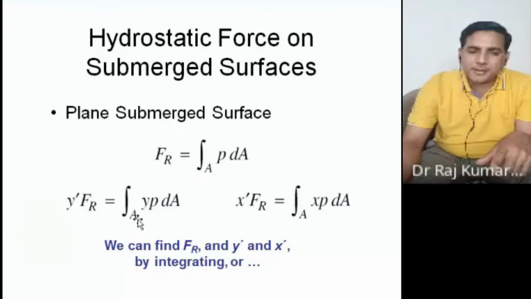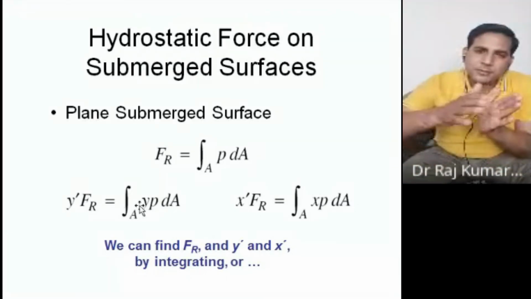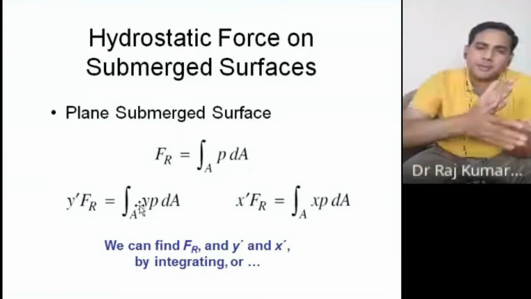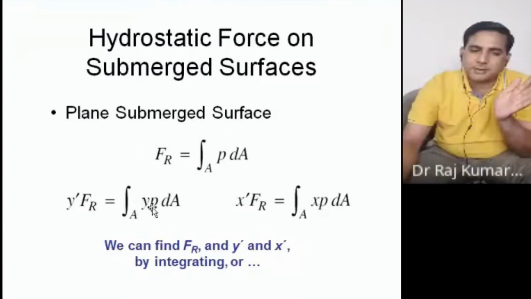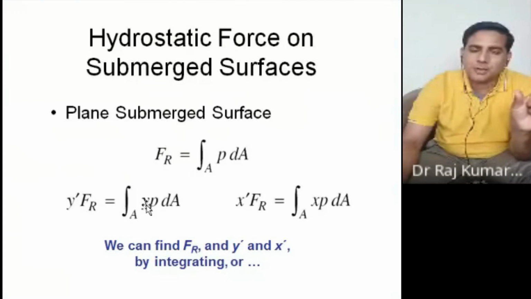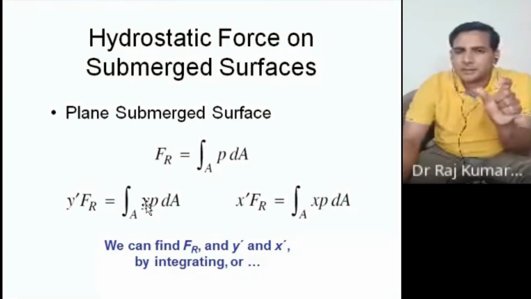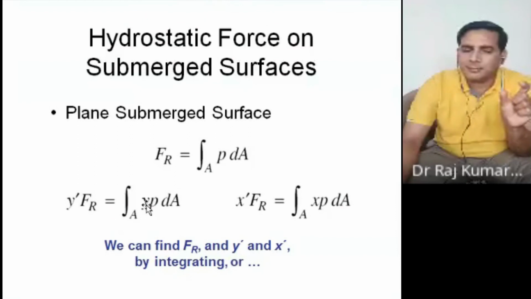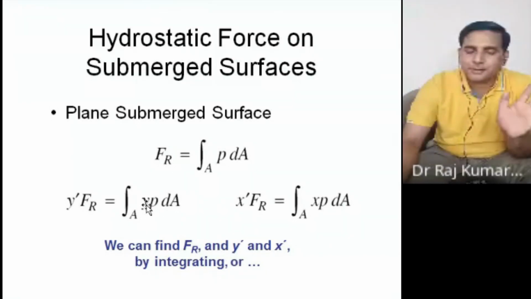It is being integrated for all individual forces provided on that particular plate. So P is the pressure at the point where those forces would act. So this P into A is the force which you already have. You have just multiplied by y because that force is acting at y distance away from point O. Yes or no?